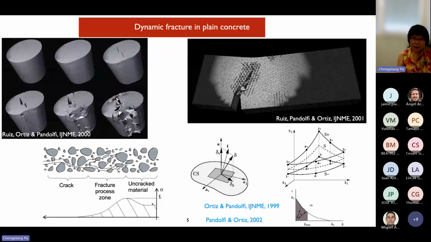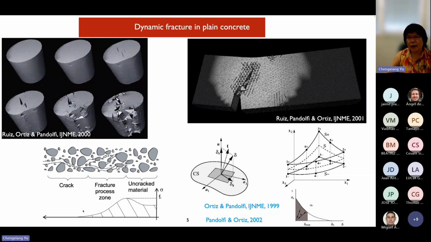Gonzalo has gone through an overview of the experimental work we have done, so I will just show where we have used the cohesive fracture model. On the left are two concrete tests: the dynamic cylindrical indirect test.